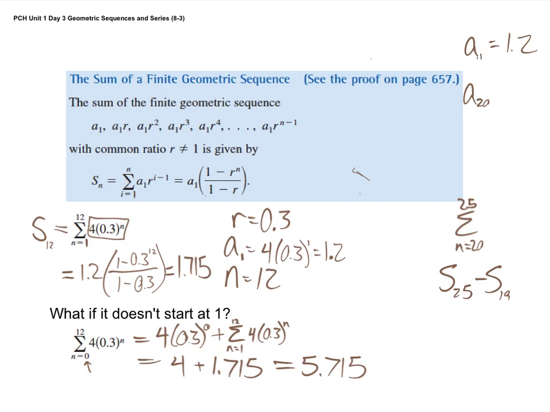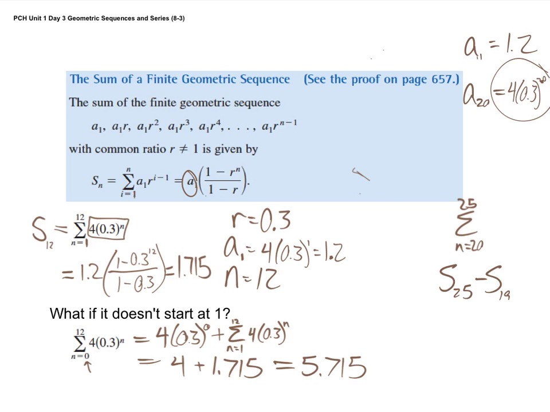The one thing that you have to be careful about with that is that A sub 20 was 4 times 0.3 to the 20th. You need to make sure that when you plug it in here, you're still plugging in this value.